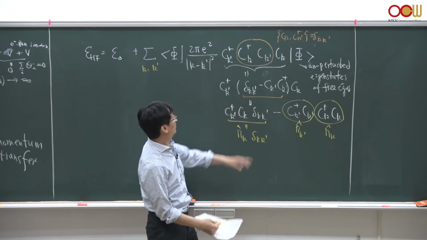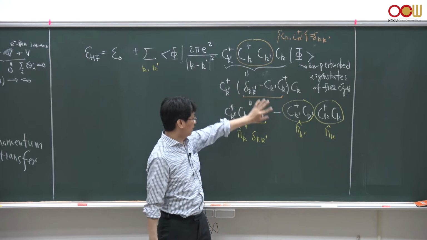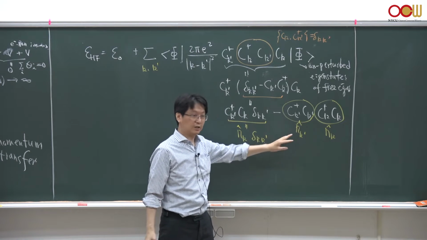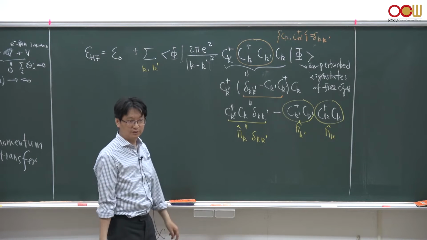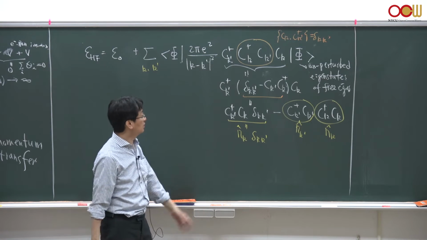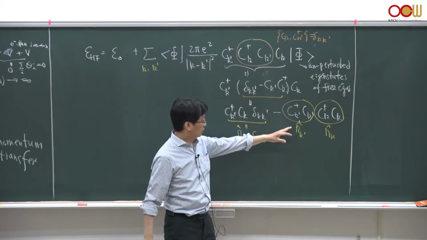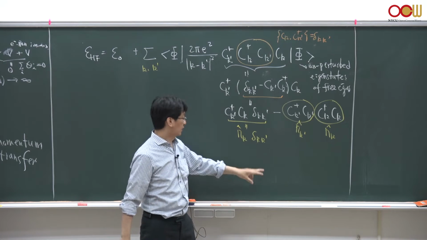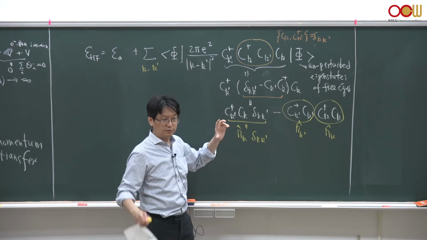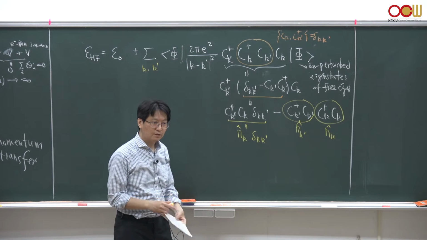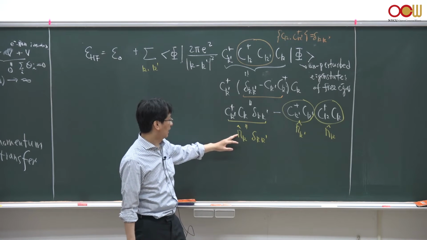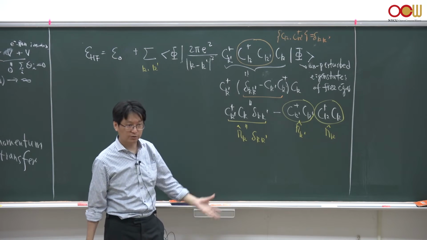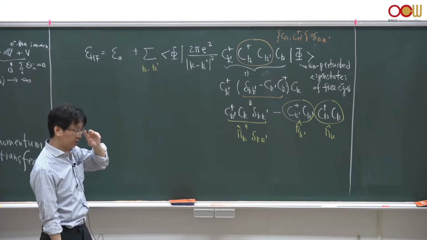So now this four-operator object becomes a function of this occupation number operator, which is exactly what we need. We need to transform all these messy operators into something that we know, because the number operator, when you take the expectation value, is nothing but the Fermi-Dirac distribution for a fermion system, and it is the Bose-Einstein distribution function for bosons.